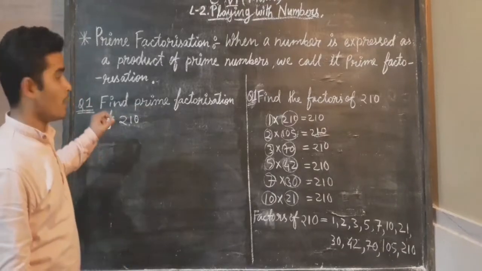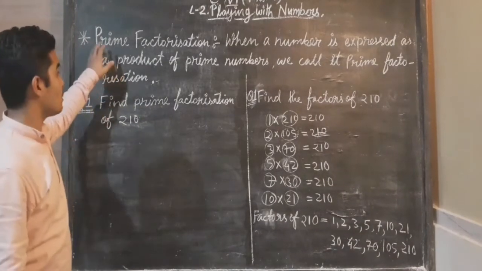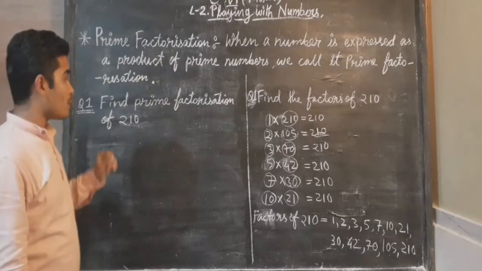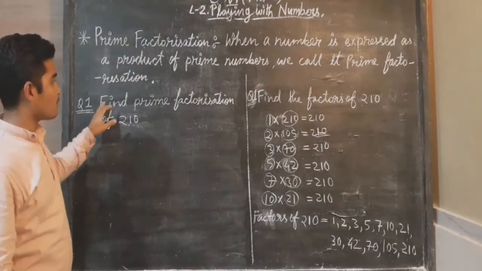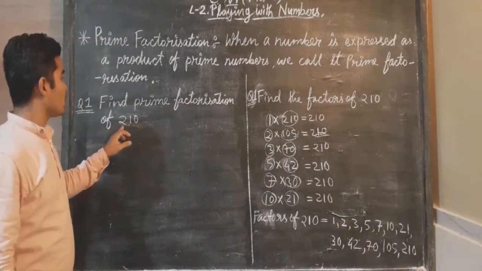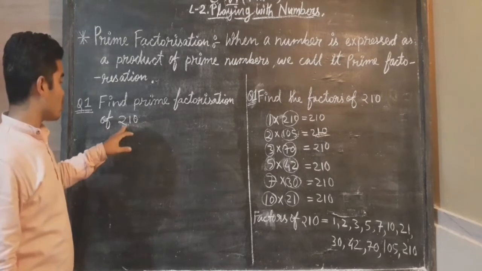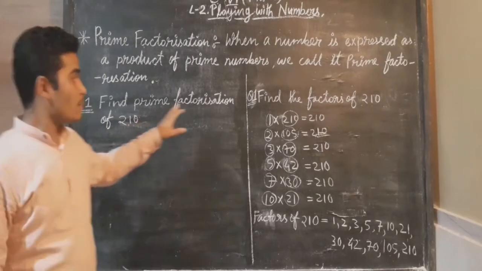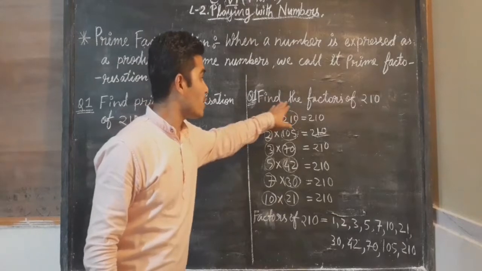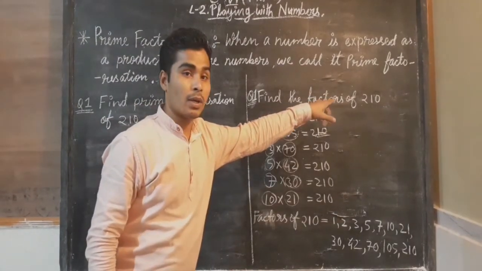Now I am going to explain what prime factorization is. Sometimes you may get a question like this: find the prime factorization of 210, or another number. Or sometimes you get a question like this: find the factors of 210.